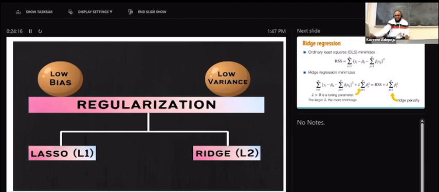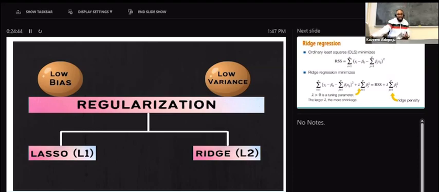And we believe that whatever regularization we do, we'll be able to get something very close to that, if not exactly that. We can use lasso, we can use ridge. Lasso is called L1, ridge is called L2. The difference between lasso and ridge is that lasso does it with an absolute term, and ridge does it with a squared term.